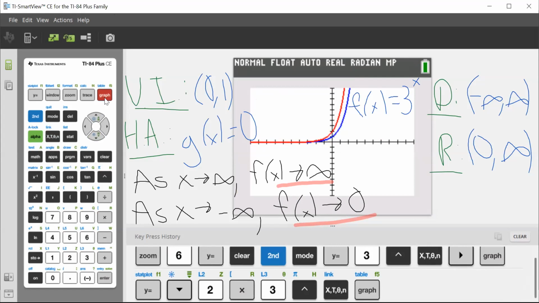And what do we notice? Well, it still has the same horizontal asymptote, right? So it's still getting closer and closer to the horizontal axis. The long run behavior looks to be about the same, as does the domain and range. But what has changed? Well, it looks like the only thing that has changed is that vertical intercept, right?